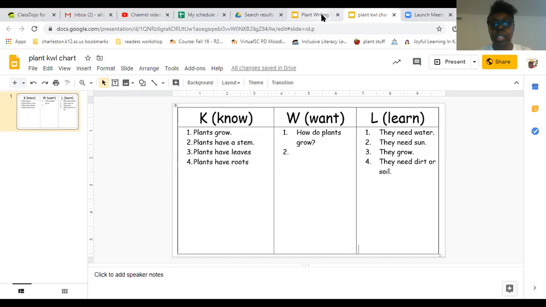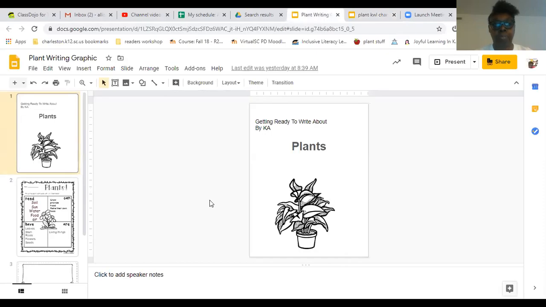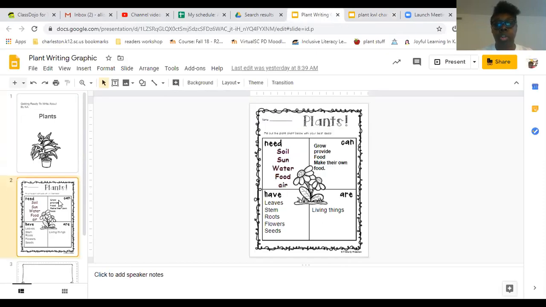Now let's go back and look at our anchor chart that we were filling out. We're going to go to this page. These are the things that we know about plants.